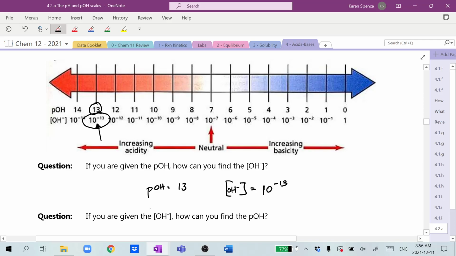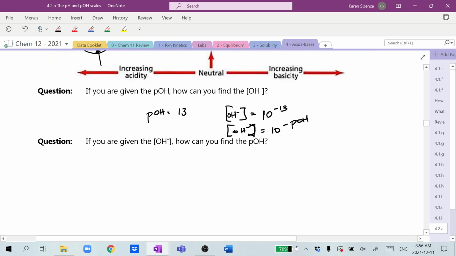So in general, my concentration of hydroxide is 10 to the negative pOH. Okay, so you notice the same thing about those two formulas. Hydrogen ion concentration is 10 to the negative pH, and hydroxide ion concentration is 10 to the negative pOH.